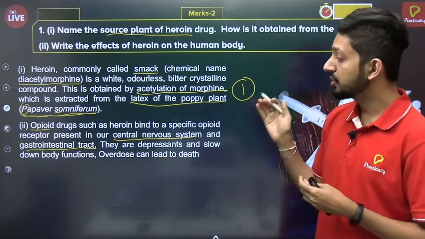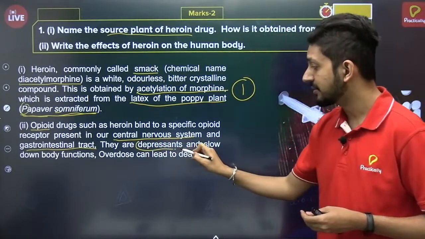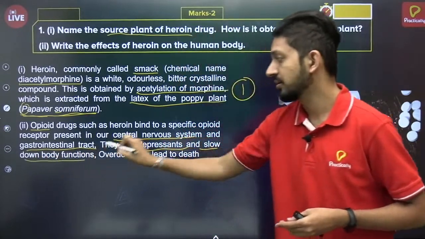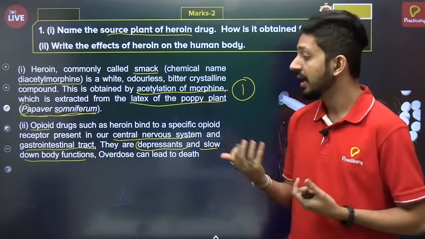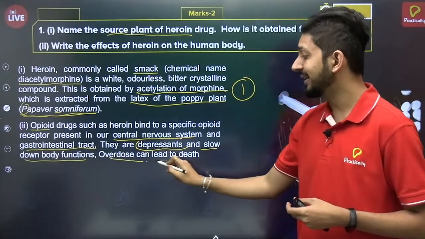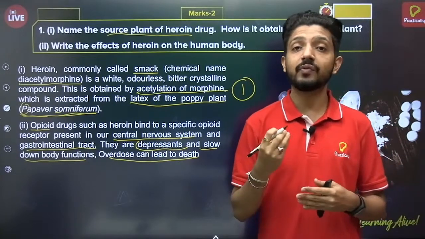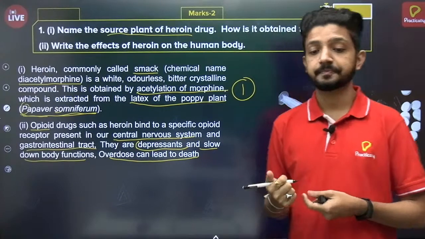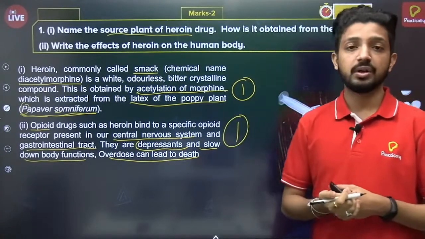They mainly act as depressants, that is, they slow down body function. This is the main action of heroin. This is how they affect the human body, and obviously an overdose can lead to death, since it will hamper the function of the central nervous system and the gastrointestinal tract. Writing this part will yield you 1 mark.